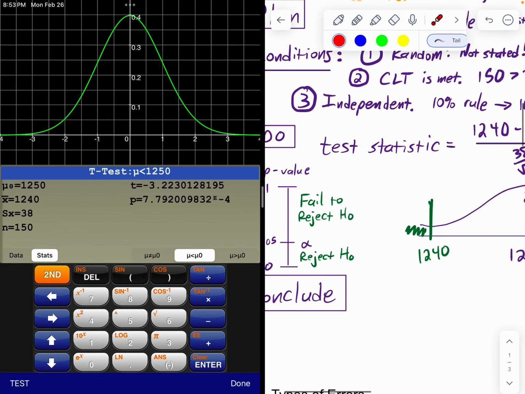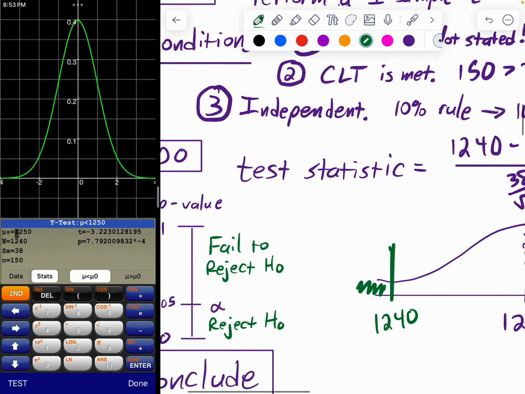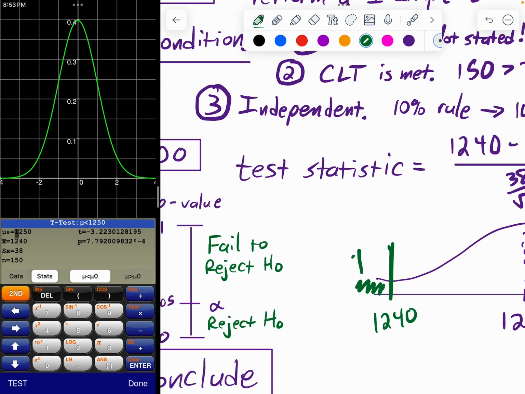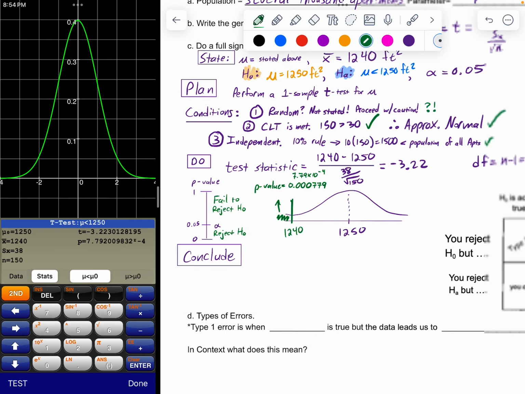So this shaded area, it's telling us, is 7.79 times 10 to the negative 4, which would be 0.000779. So it's pretty much not gonna happen.